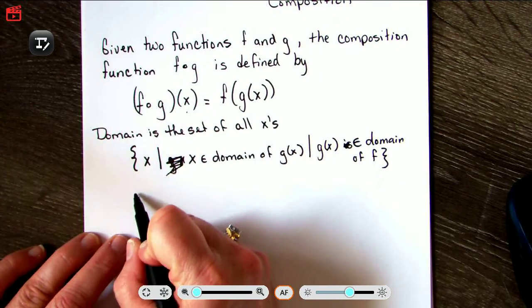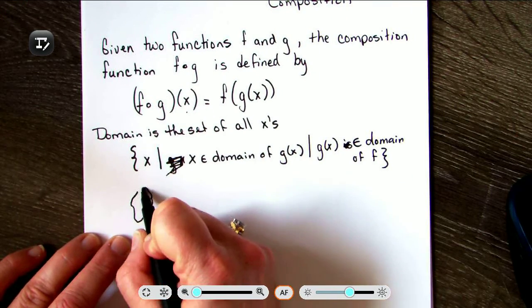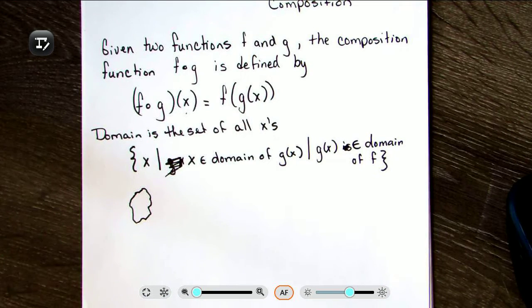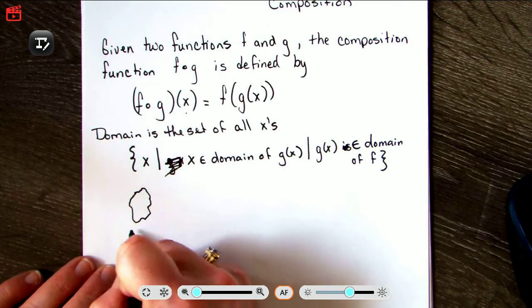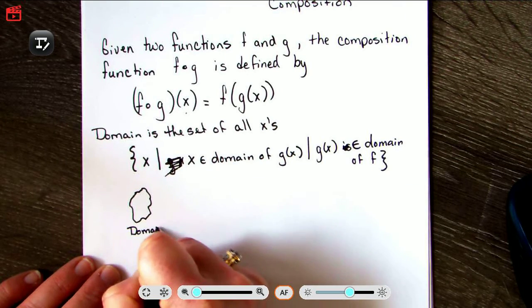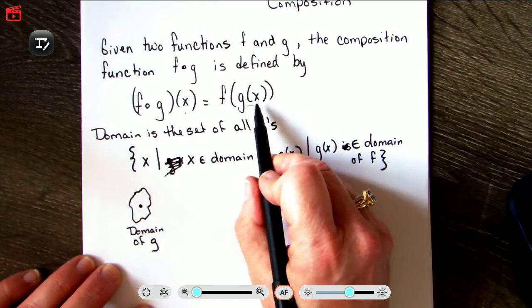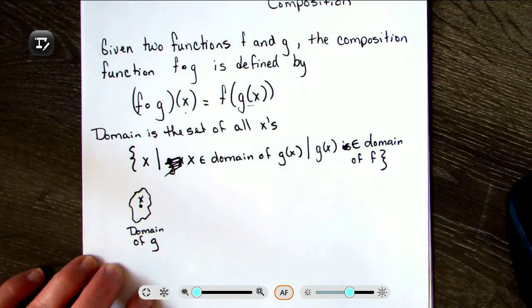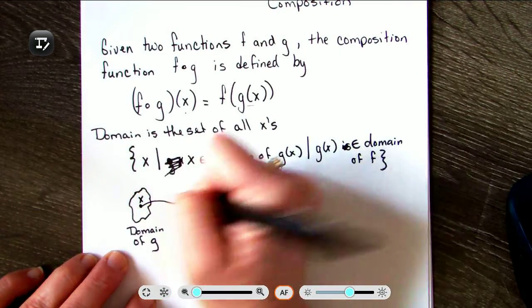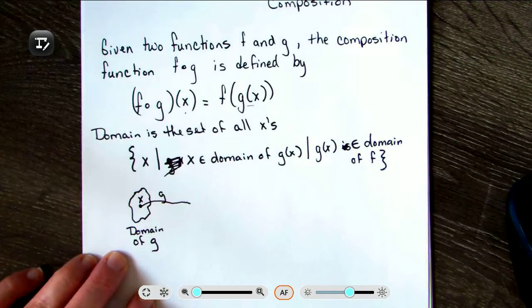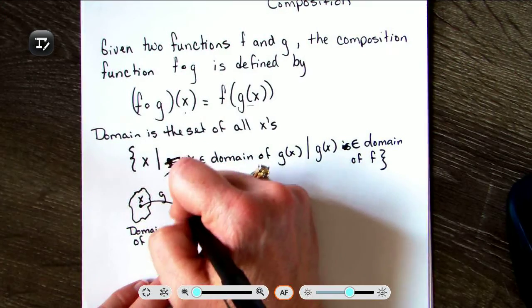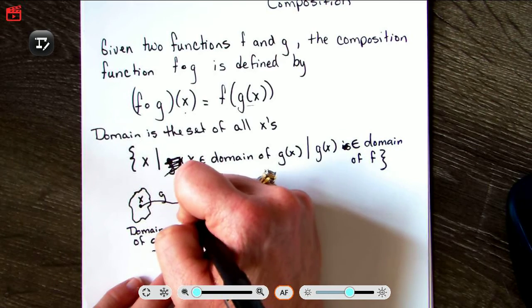So I'll try to draw a little picture to make it a little bit clearer. And not that you need to have all of that kind of down, but you kind of have to remember where things come from, not always looking at the end result. So here is going to be our domain of g, because that's what we're going to have to do first. We're going to take a little x found in here, and whatever g tells us to do, it's going to map us to some g of x.